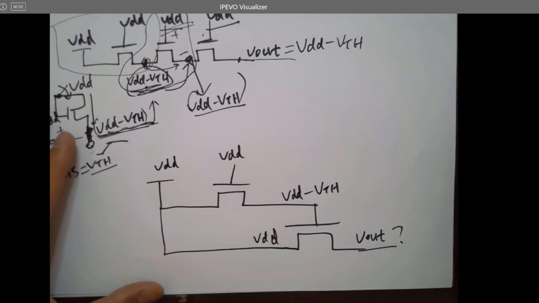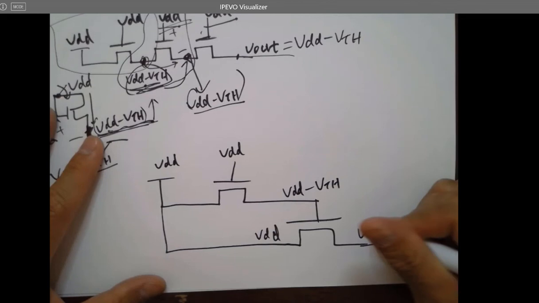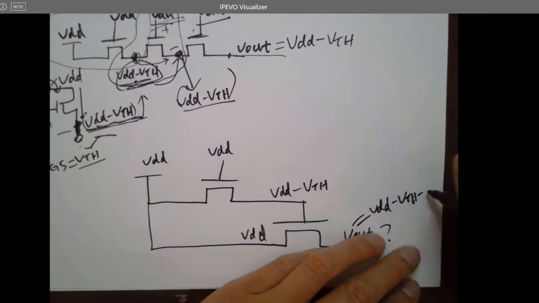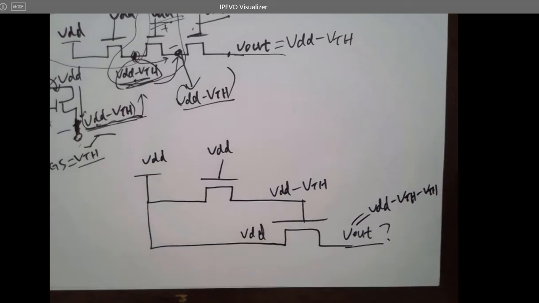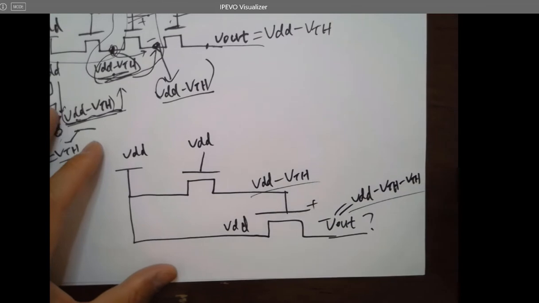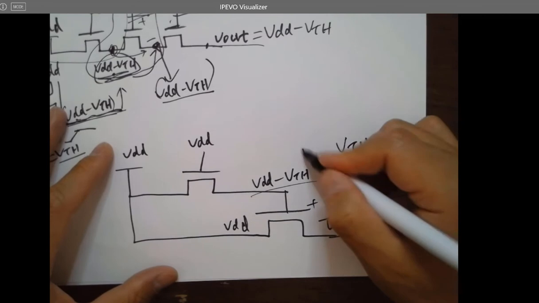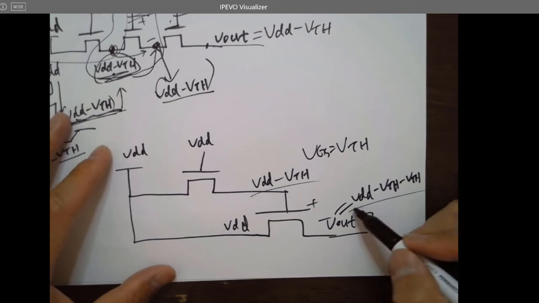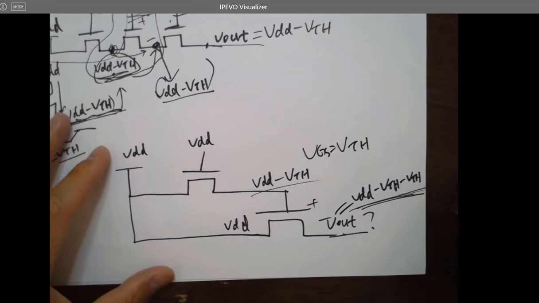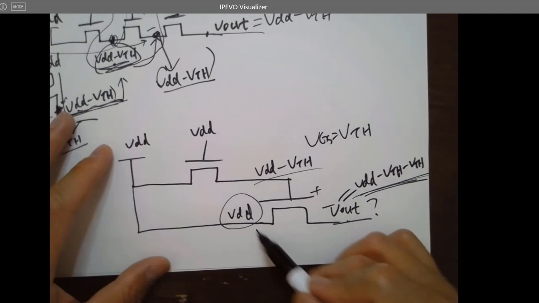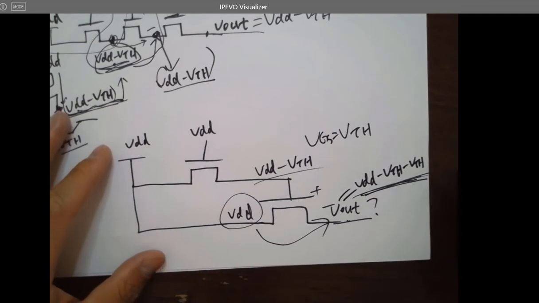So in that case, Vout cannot be higher than VDD minus VTH. Because you just calculate VGS. What is that VGS? It will be this one minus this one, which is exactly VTH, right? So in that case, it cannot be higher than this voltage because the NMOS will be switched off. So if you are trying to pass the entire VDD to this point, we can only get VDD minus 2 VTH in this case.